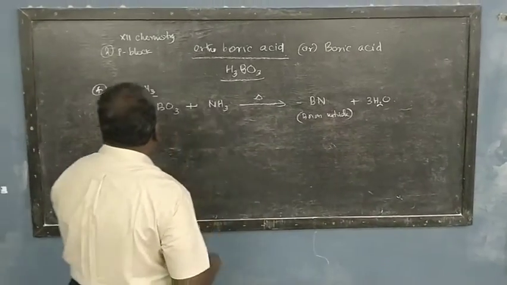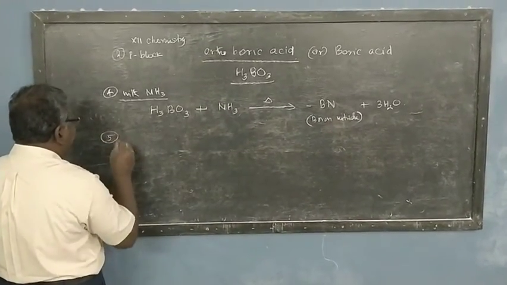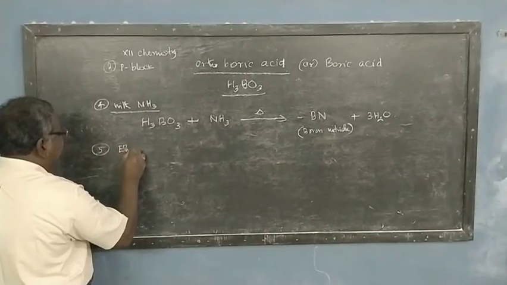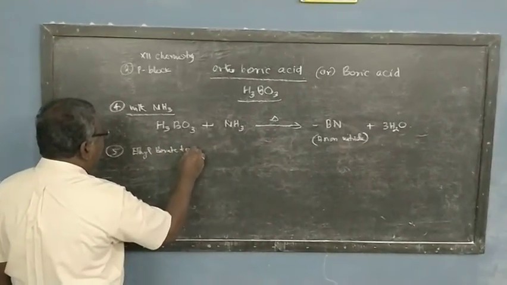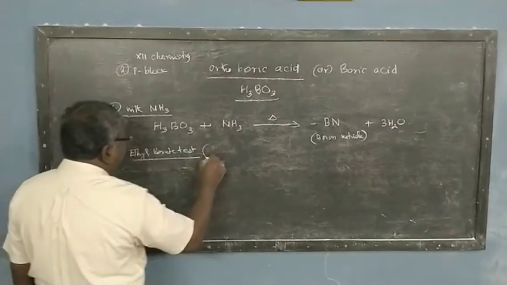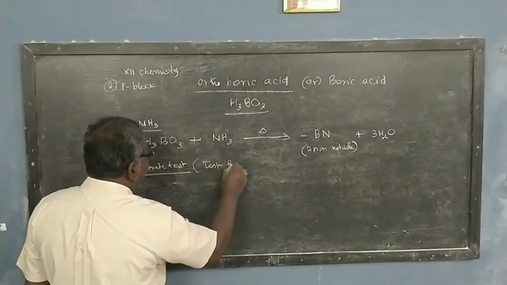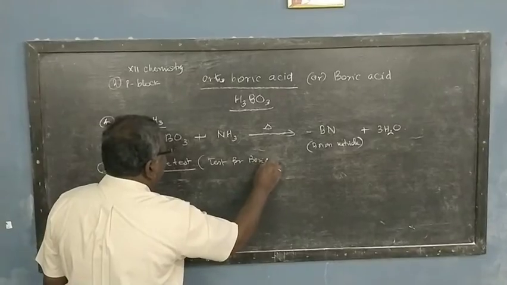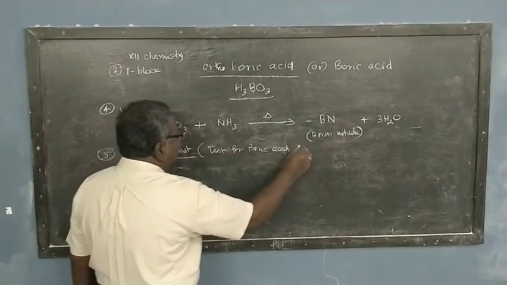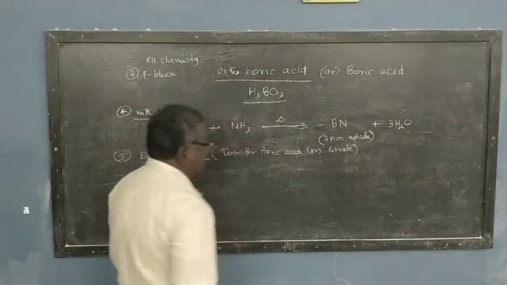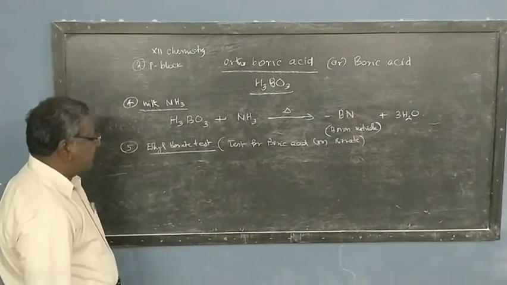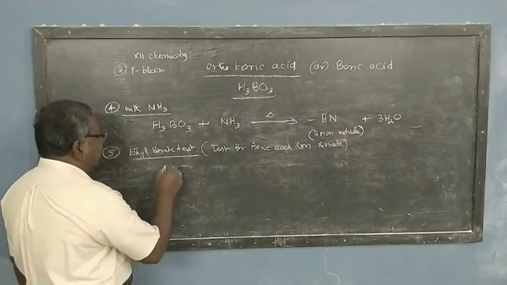Right? And the fifth one is ethyl borate test. This is also known as test for boric acid, or test for borates. You will do this in the chemistry lab. Boric acid test is the borate test. So boric acid will have to be taken.